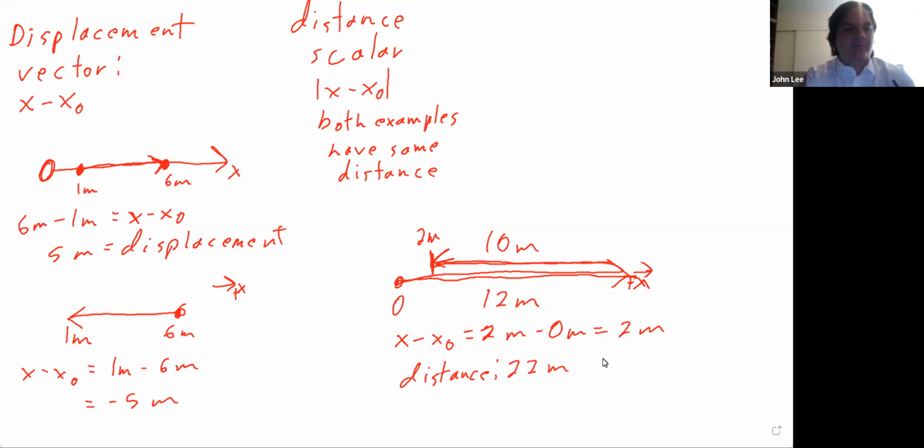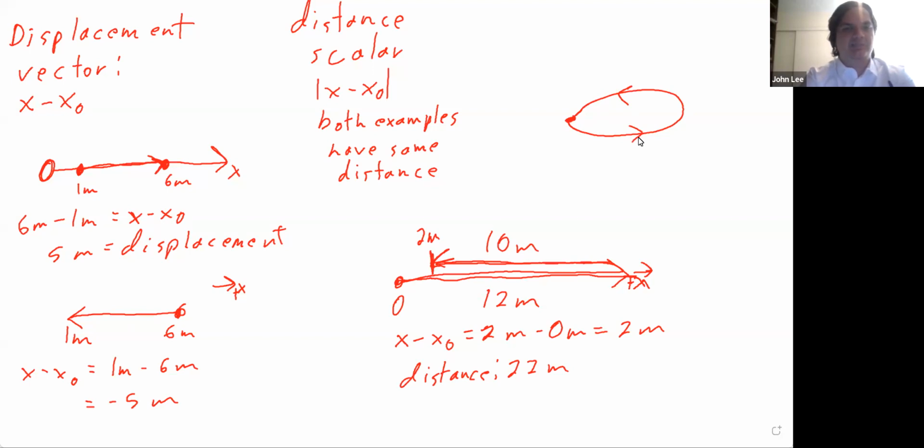So for example, when you go around a track, you start out wherever the entrance is, and then you go in a circle over and over again, just racking up miles of distance traveled, but the displacement is going to be zero because you end up in the same position that you started.